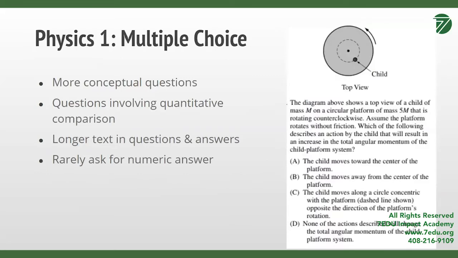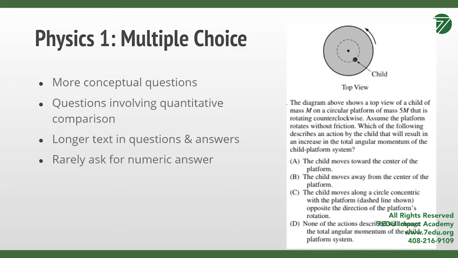Just to give you some examples, here's a typical Physics 1 multiple choice question. There are more conceptual questions. For example, this one talks about a child standing on a merry-go-round, and how the child moving its location on the merry-go-round is going to affect the angular momentum.